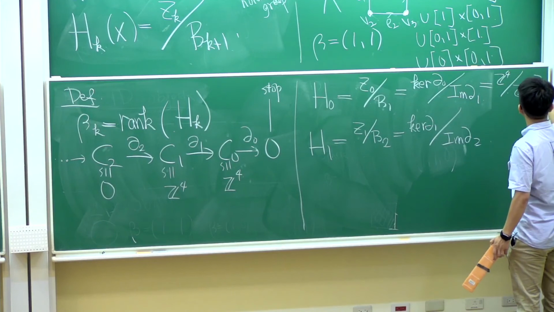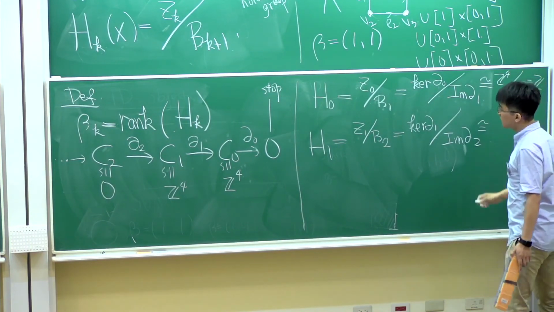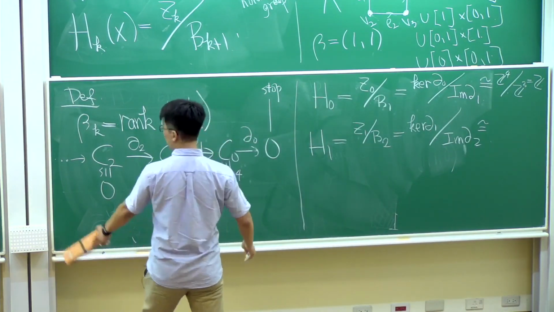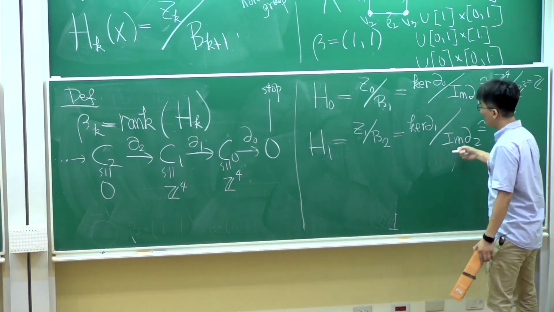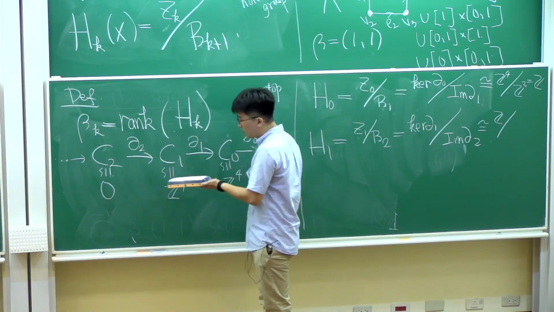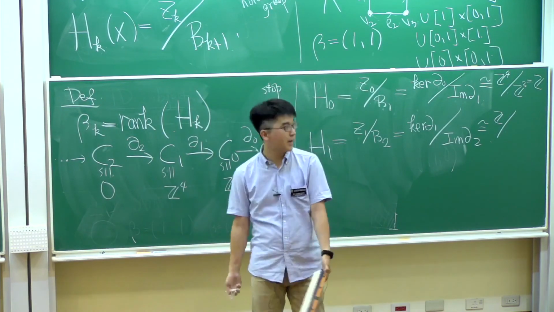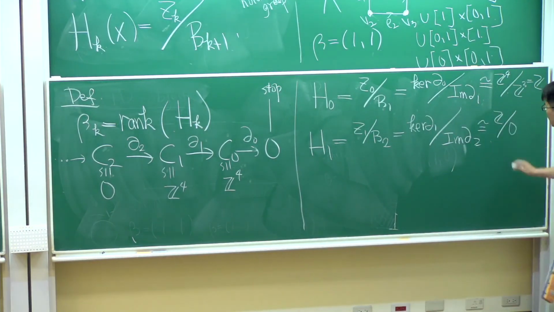So this will give you Z. This is isomorphic to the kernel here, Z. And for the image of row 2, you map 0 to non-trivial. The only thing you can map is 0. So the image of this thing is trivial. So this will give you Z.